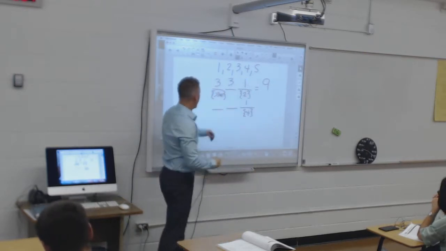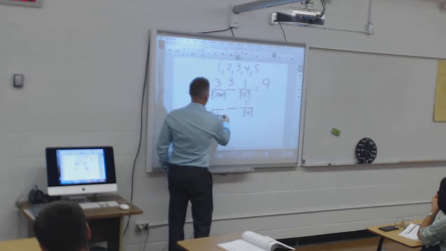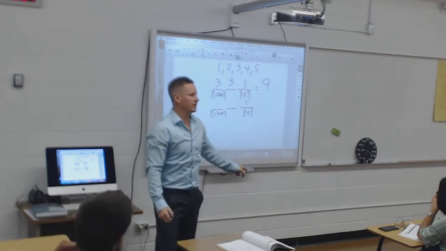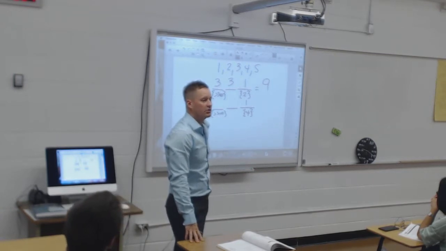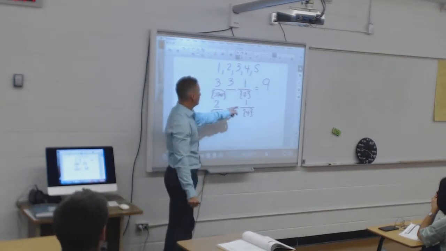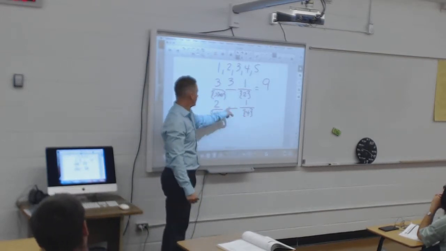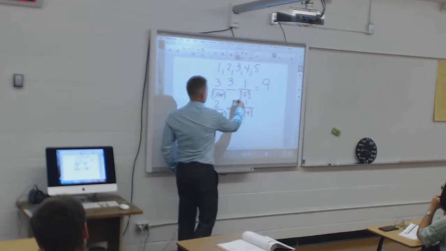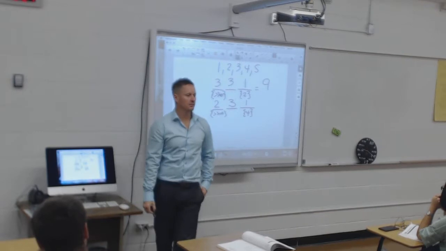How many choices do I have here to be greater than 300? 2. What are my 2 options? 3 or 5. So I picked a 3 or a 5. I picked a 4. How many choices do I have left for this guy? 3 numbers left.